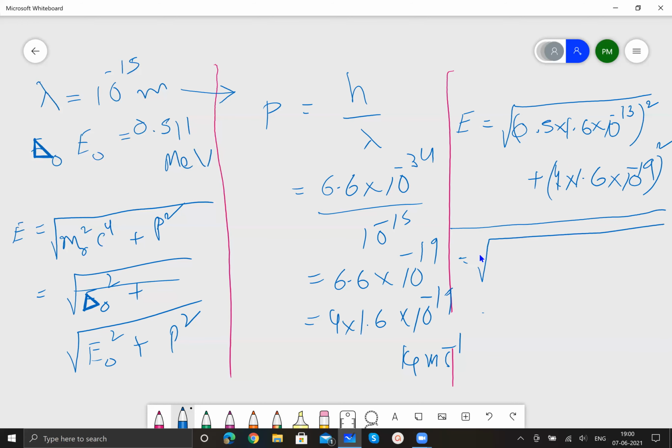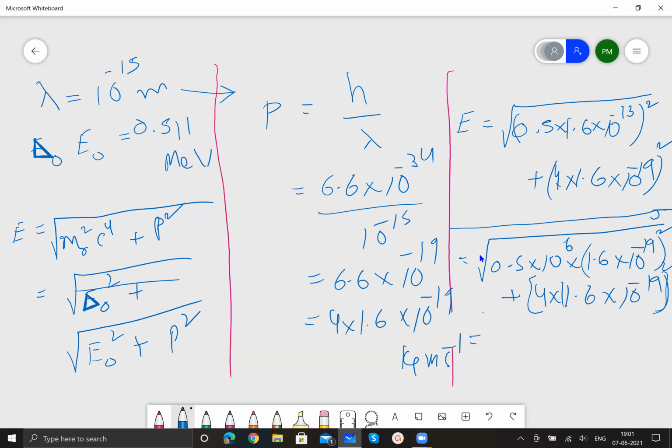See, 0.5 into million electron volts, 10 to the power of 6 into 1.6 into 10 to the power of minus 19 whole square plus 4 into 1.6 into 10 to the power of minus 19 whole square. This will be in joules.